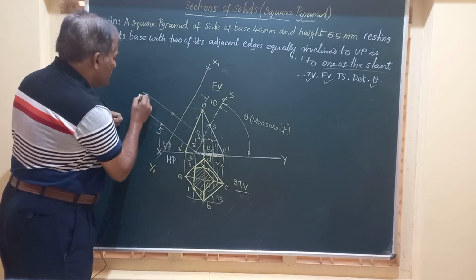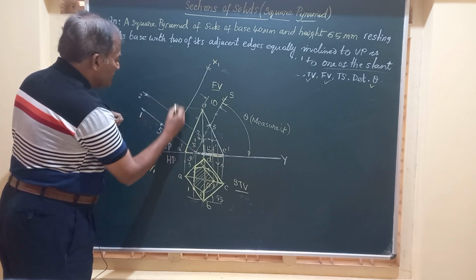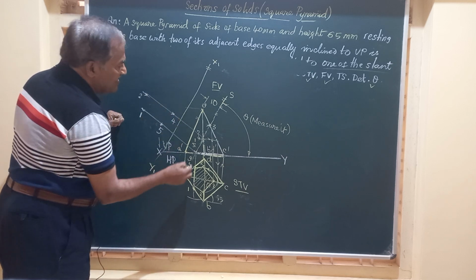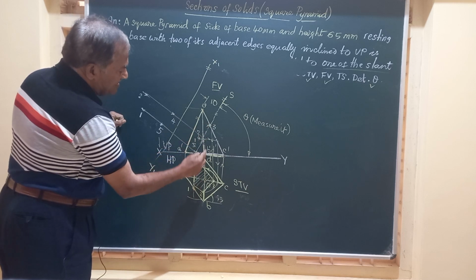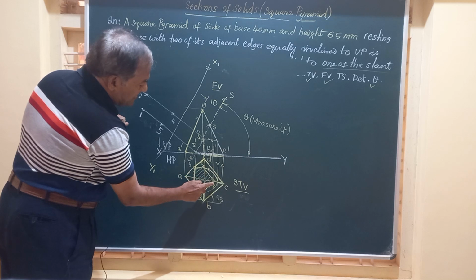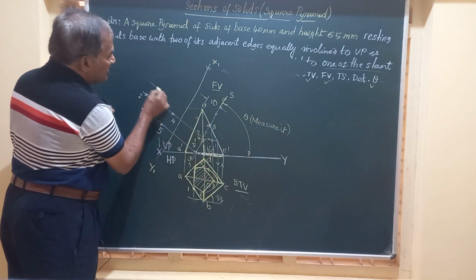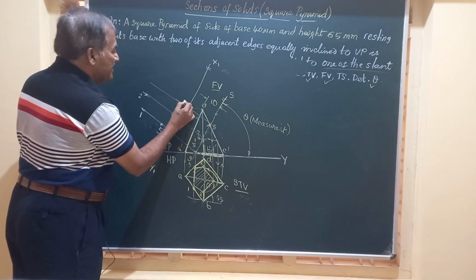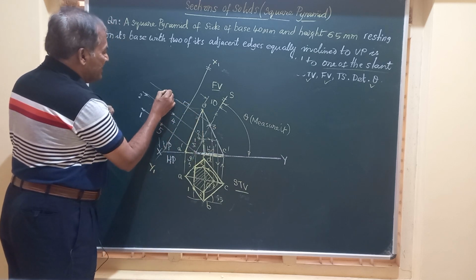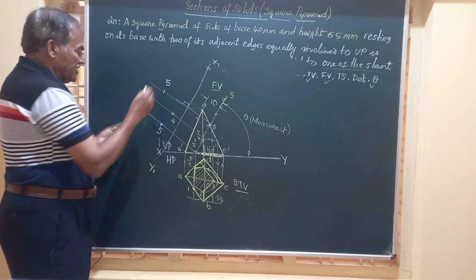So this is 2 and this is 4. Finally, friends, 3 is here. Measure the distance of 3 from xy. Transfer the distance onto the corresponding perpendicular line drawn. That will come exactly in between these two. So this is point 3.